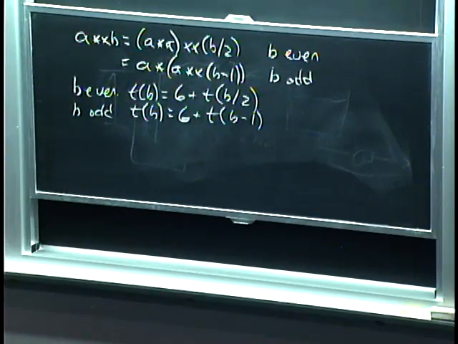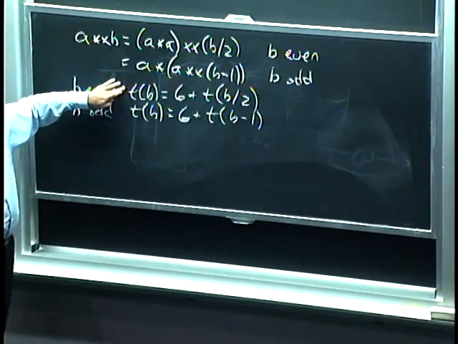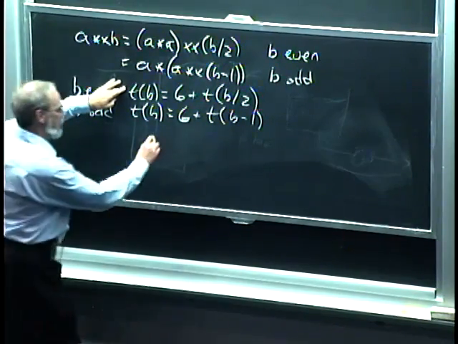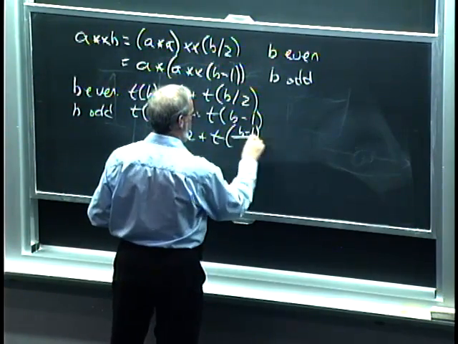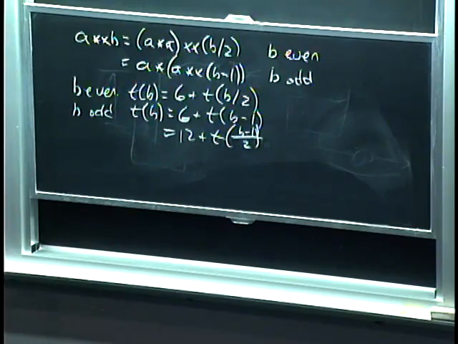Because it's now solving a 1 smaller problem. On the next step, though, this will get substituted by that. Right, on the next step, I'm back in the even case. It's going to take 6 more steps plus t of b minus 1, oops, sorry about that, over 2. Because b minus 1 is now even.